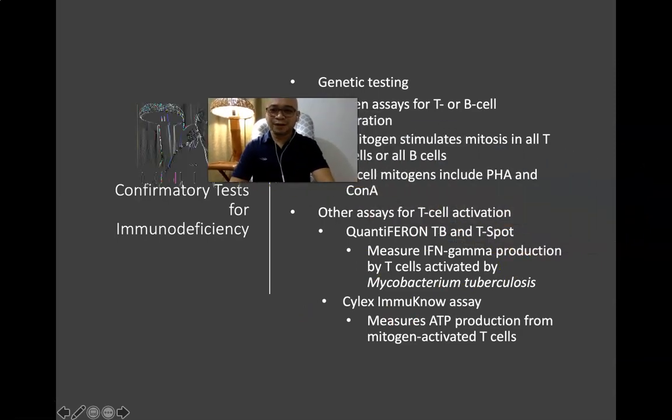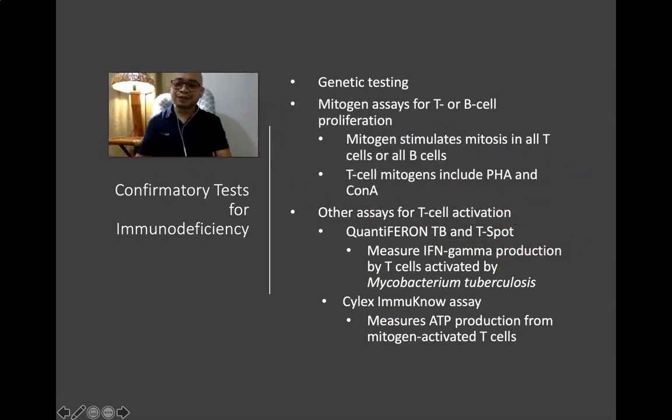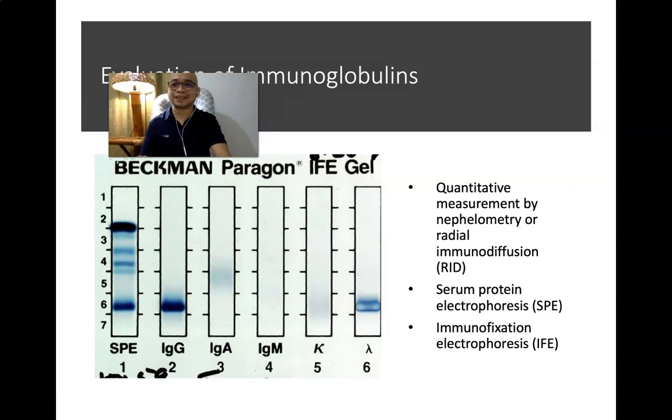And another example of confirmatory testing would include genetic testing, like for example karyogram, mitogen assay for T cell and B cell, and then other assays for T cell activation. So there are commercially available kits such as the QuantiFERON-TB and T-SPOT, okay, and another one is the Cylex immunoassay. Okay, so these are examples of confirmatory testing for immunodeficiency.